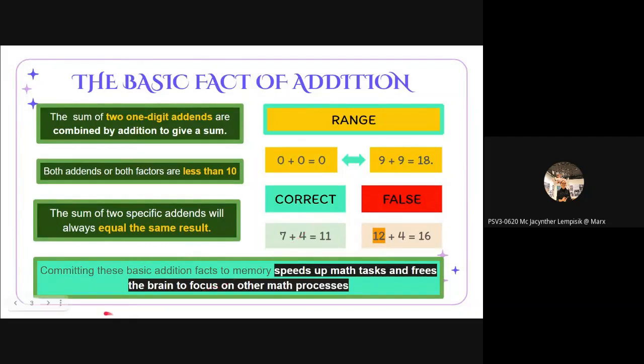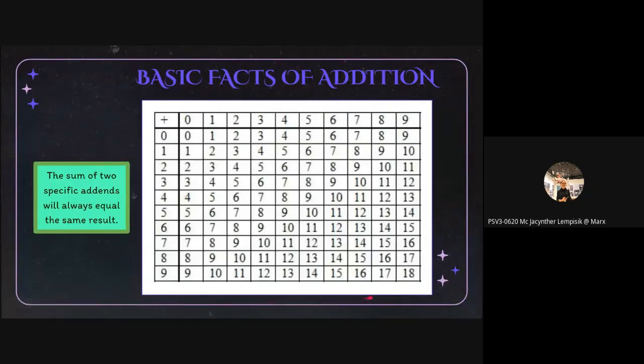Okay, so next we're going to see the basic fact of addition in a diagram. We can see here the diagram is a table, from the plus until the 9 across the top, and the plus until the 9 down the side.